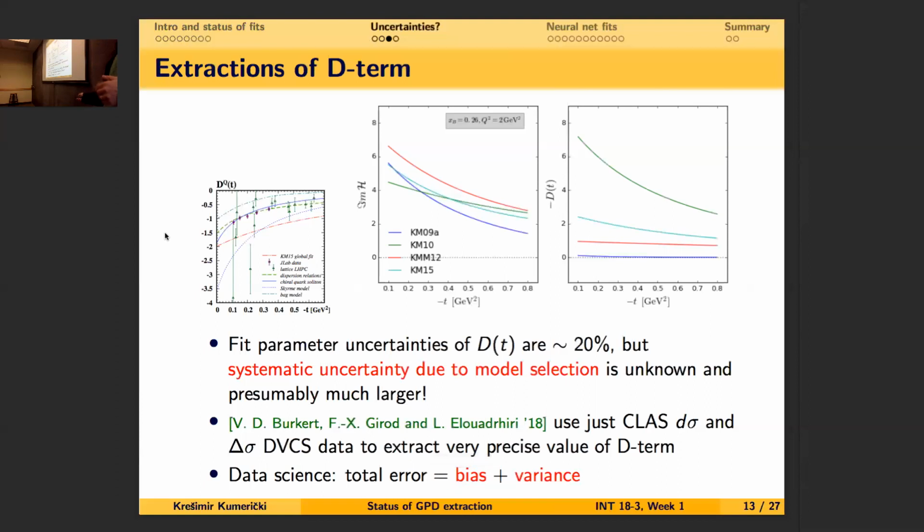Variance is the error coming due to the imperfections in your data, something that you will probably call statistical error. And bias is what you will maybe call systematic error. It's coming from the lack of ability of your model to describe the true structure function, right? So this bias is really what we are after here, because we would like to know how much problem is coming due to the model selection and how much.